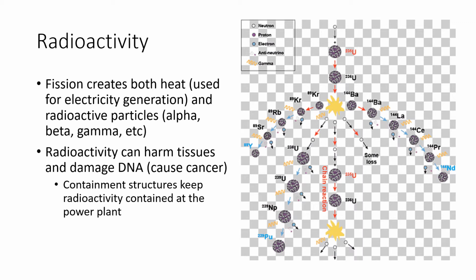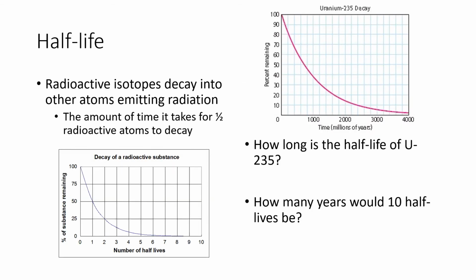So when DNA is damaged, it actually causes cancer. It's basically a mutation caused by this radiation. And so we contain this radioactivity in these confinement structures, and when those confinement structures are compromised, that is when things go poorly.